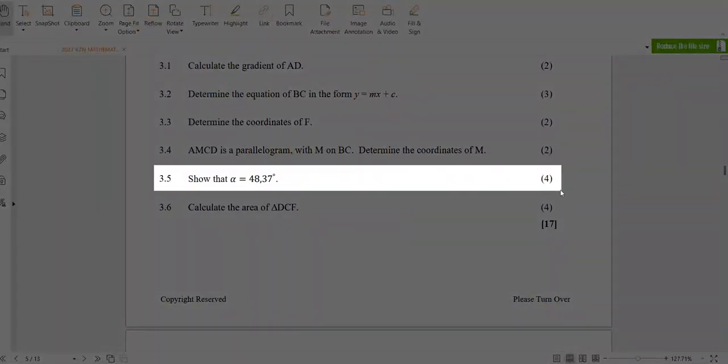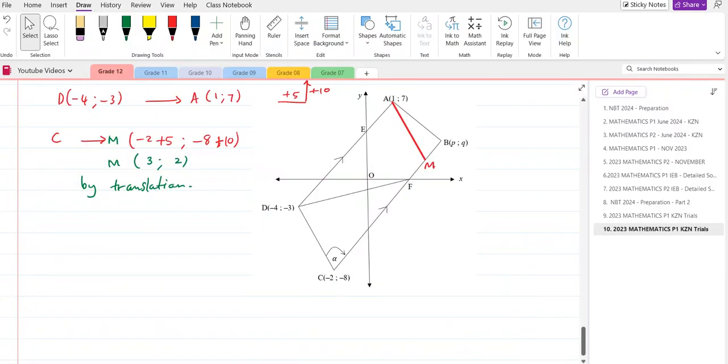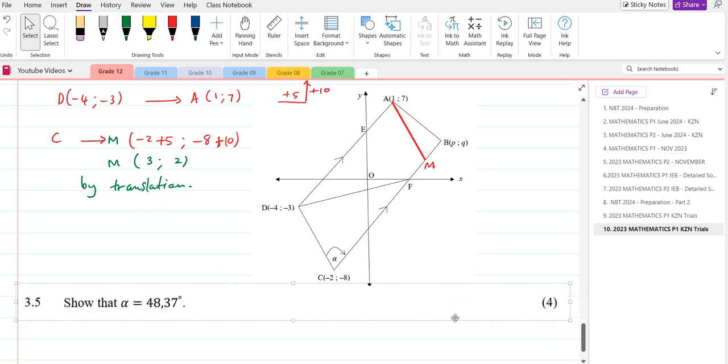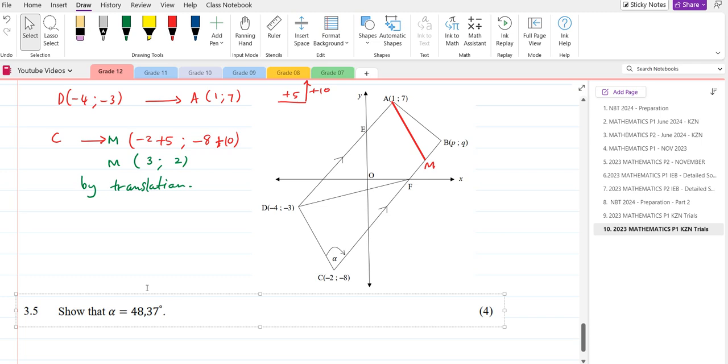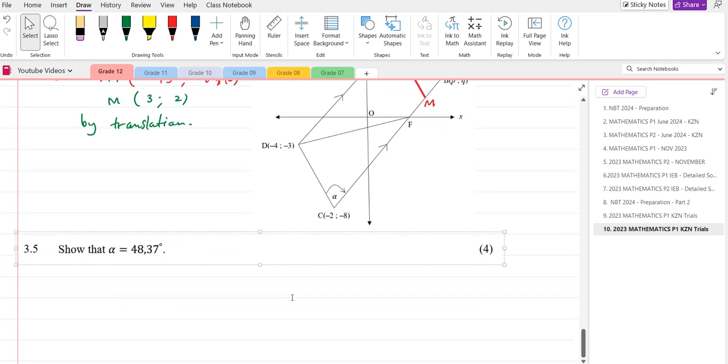Show that alpha is 48,37. Now how do we show that alpha is 48,37? So we know it's usually big angle minus a small angle. So we know the gradient of this line BC, and it's an angle at the vertex here, right?